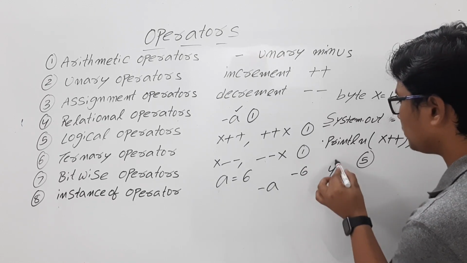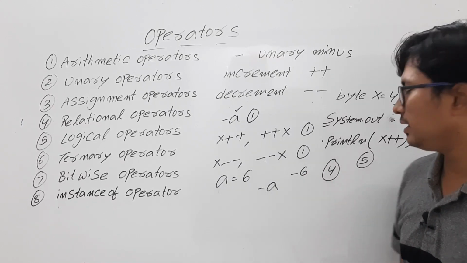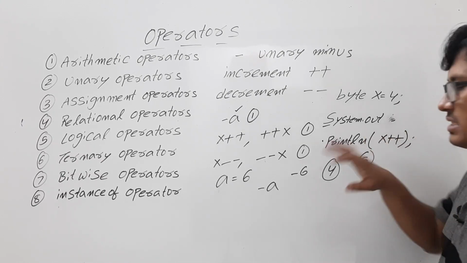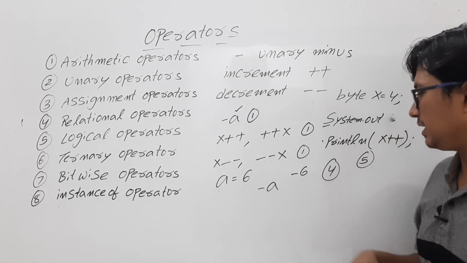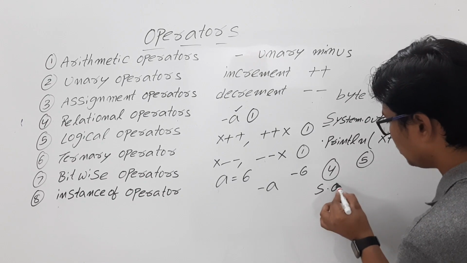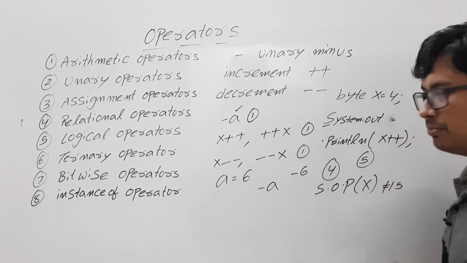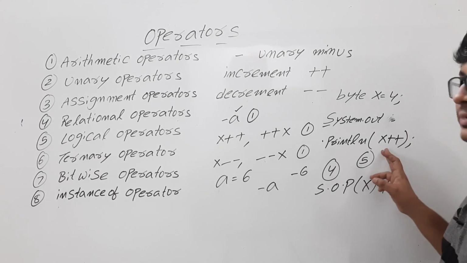This will give you the output as 4 only. As it is a post increment, first you will assign the value, then you will increment. Again if you write system.out.println x, in this case it will give you the output as 5 because already the increment has happened.